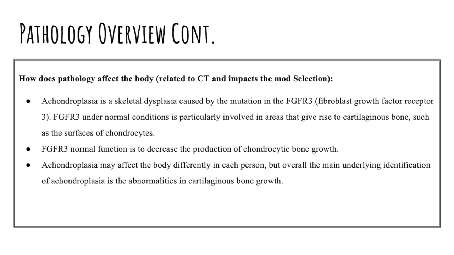FGFR3's normal function is to decrease the production of chondrocytic bone growth. It accomplishes this through decreasing the proliferation phase and increasing terminal differentiation. Achondroplasia may affect the body differently in each person, but overall the main underlying identification is abnormalities in cartilaginous bone growth.